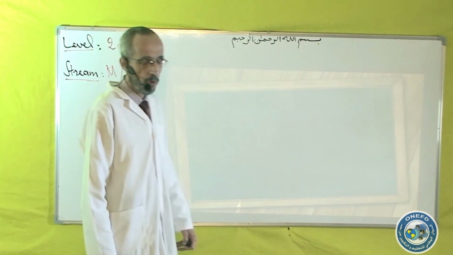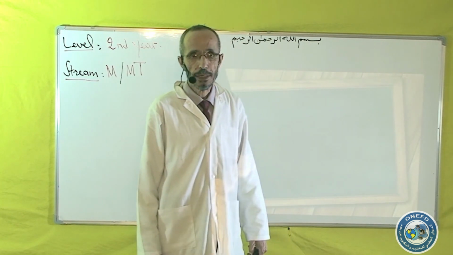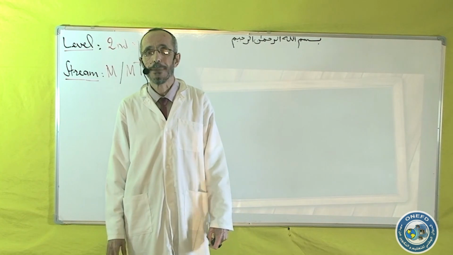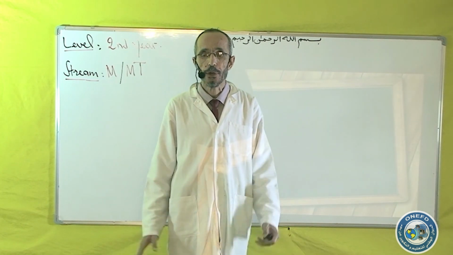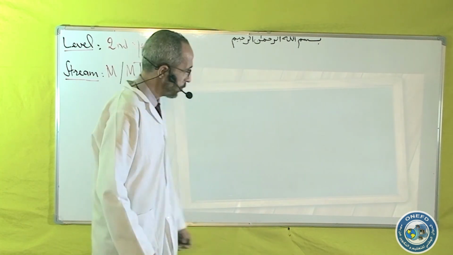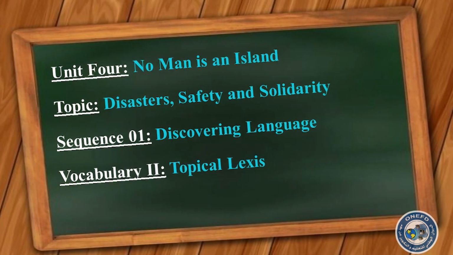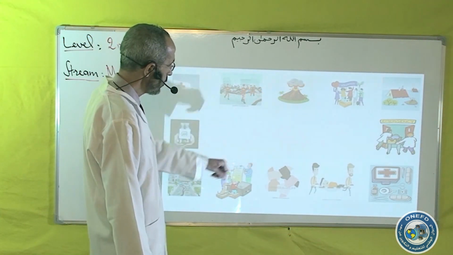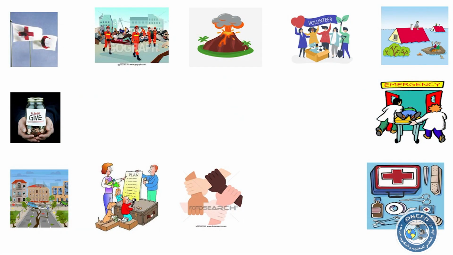Well, for point number 2 in vocabulary, we are going to learn about some lexemes and vocabulary related to this unit. So, this is topical lexemes. Look, here we have a number of pictures.